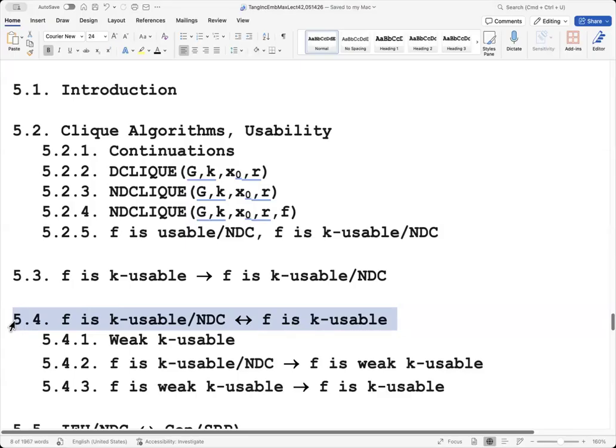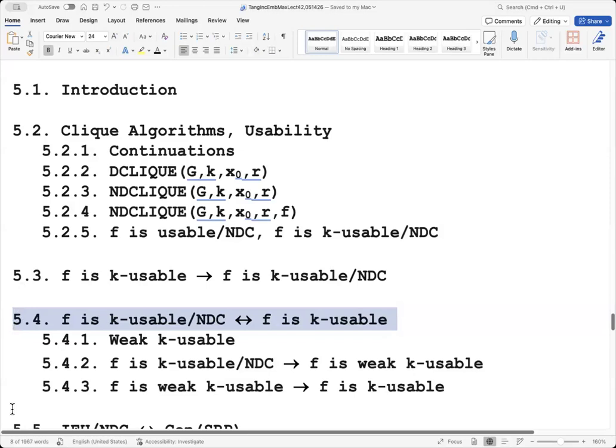So we have the theorem that if you're K usable in this algorithmic sense, then F is weak K usable. In other words, the algorithmic form implies the original form. And then finally, this weak kind of usability implies regular usability.